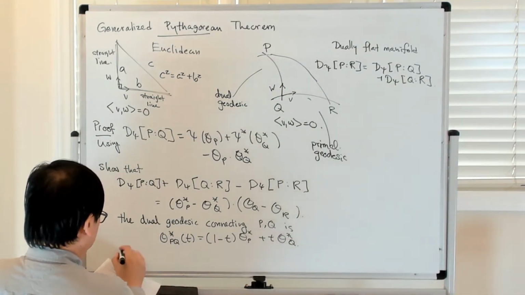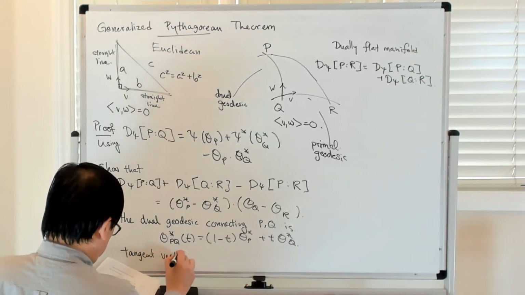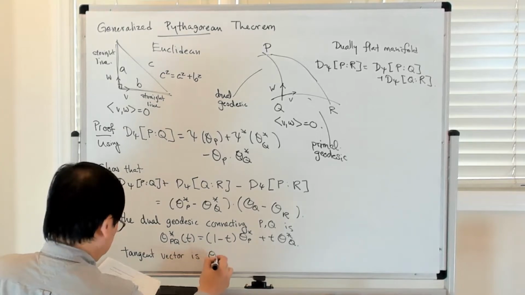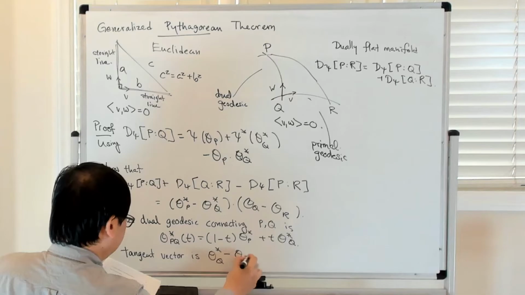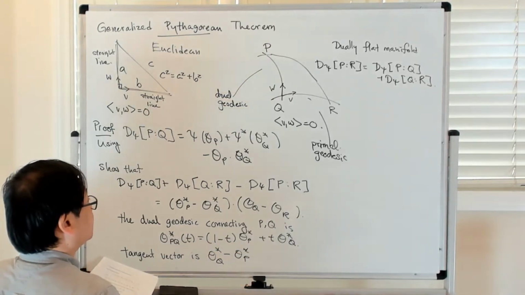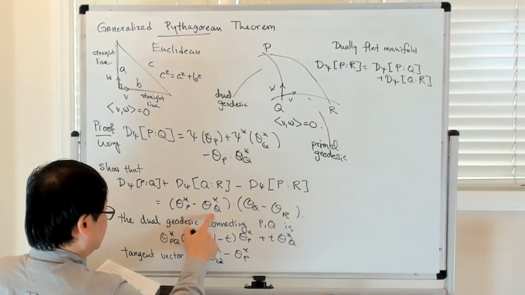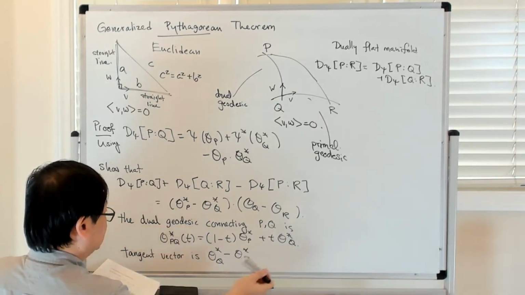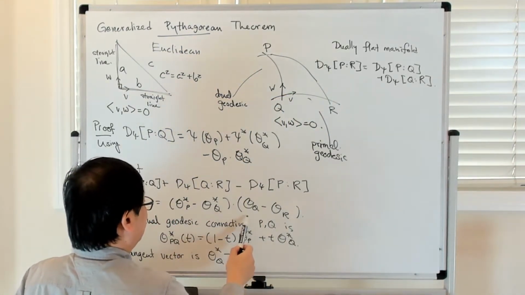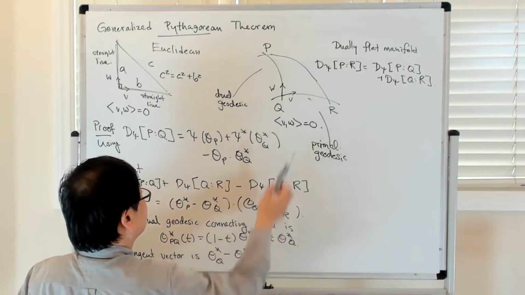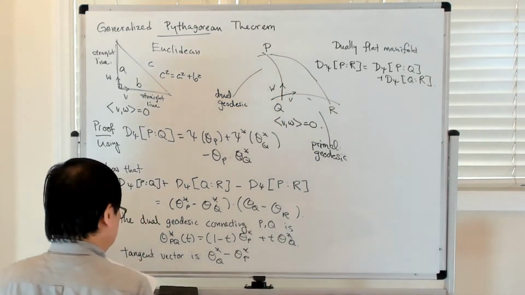And its tangent vector is theta Q star minus theta P star, right? What am I trying to do here? I'm trying to show that this thing here is the tangent vector to the dual geodesic, and then as you might expect, this here is the tangent vector to the primal geodesic, right?